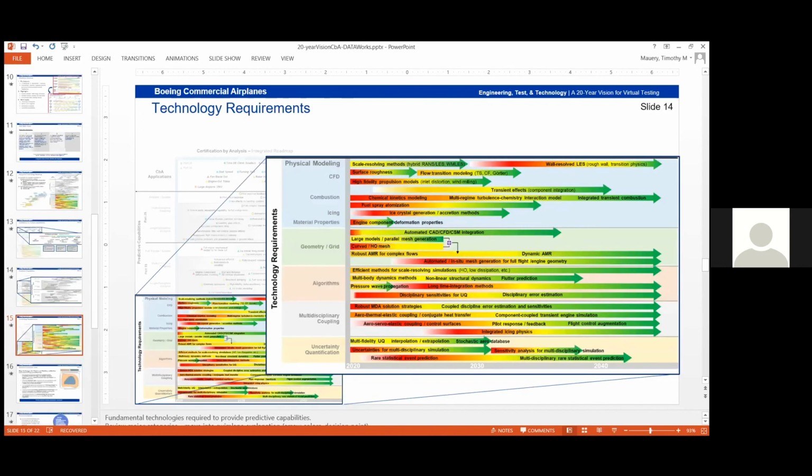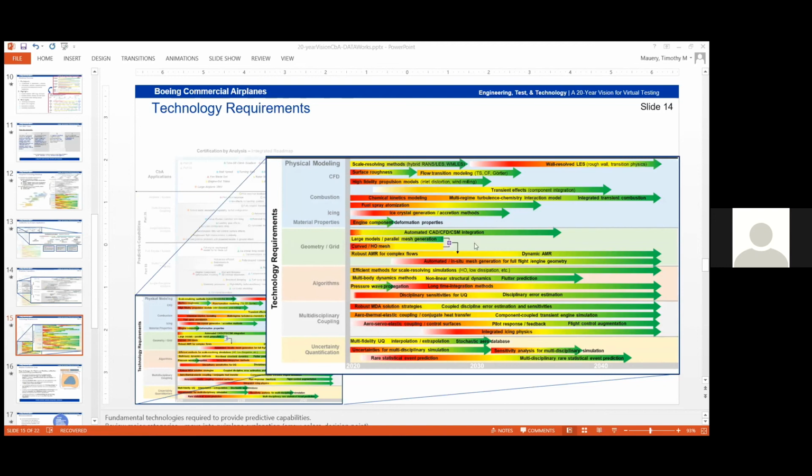So the fundamental technologies are more familiar if you're familiar with the CFD Vision 2030 roadmap, where you have this progression of technology that allows you to see when it will be ready.